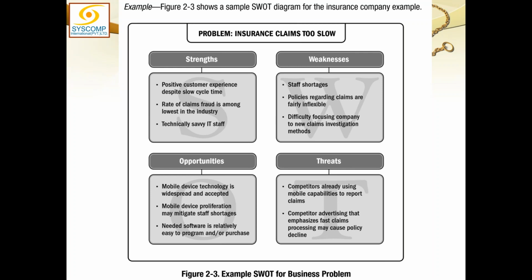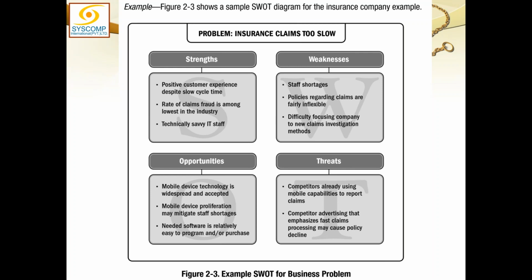So these are some of the strengths, weaknesses, opportunities, and threats which you could come up with, and then you can further analyze. The detailed analysis could be comparing the strengths against weaknesses, the opportunities against threats, the strengths against threats, the weaknesses against opportunities, our strengths against opportunities, our weaknesses against threats.